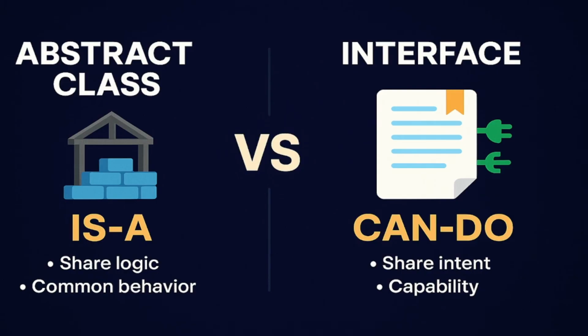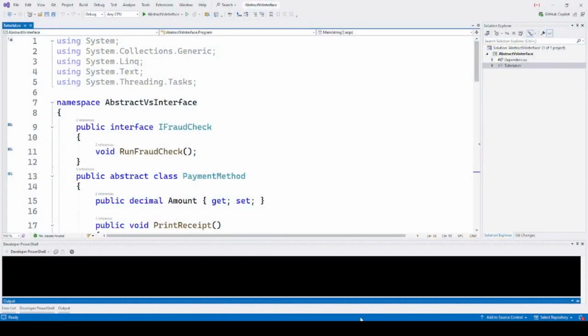Let's jump into the code to understand this a little better. Let's say we have some payment types which require fraud checks, like credit cards, but not all payment types need the fraud check. This is the perfect use case for an interface.